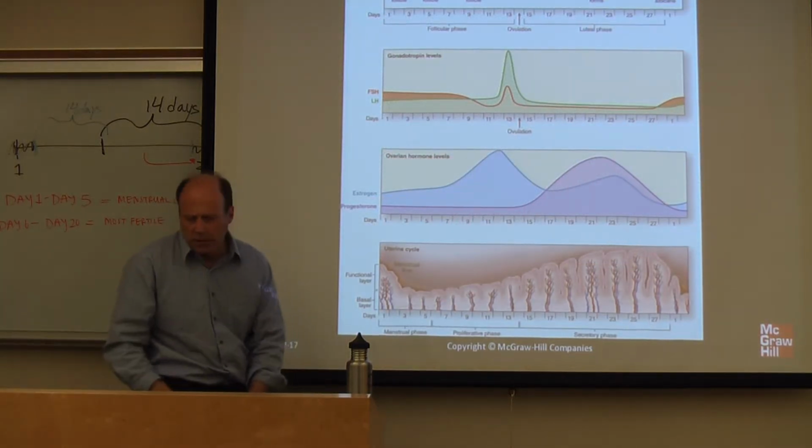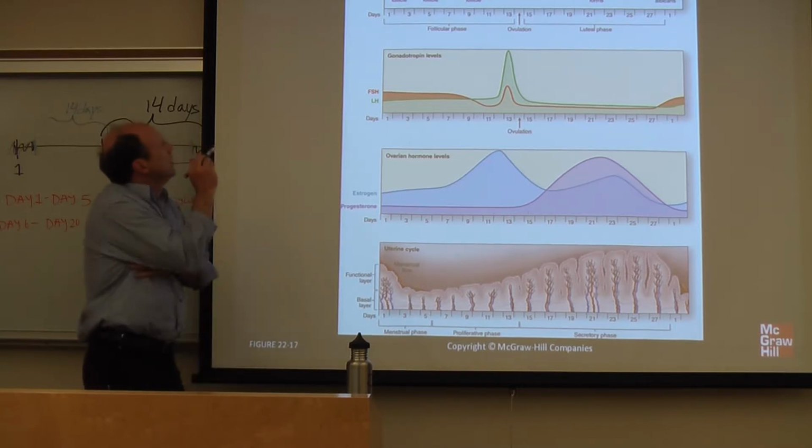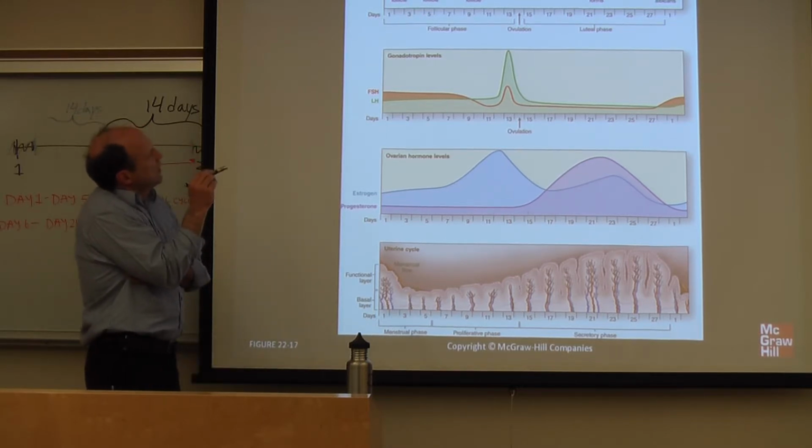That's what they're showing here. So here's our ovarian cycle, and then here are levels of gonadotropins. You see that follicle-stimulating hormone and luteinizing hormone are peaking just before ovulation.